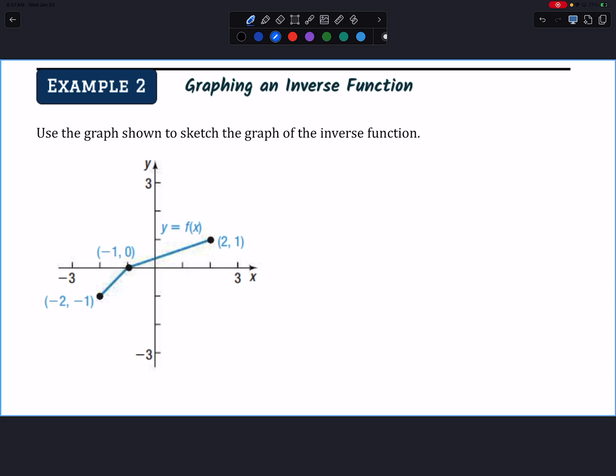So if you know a graph of a function, to know if it has an inverse, so spoiler alert, it does.